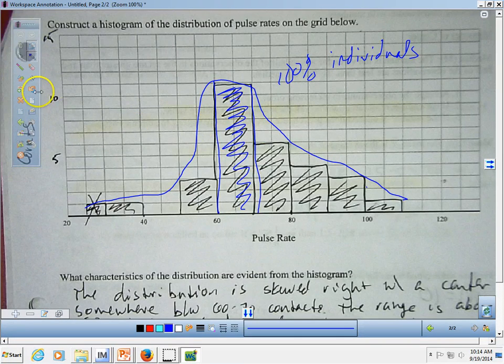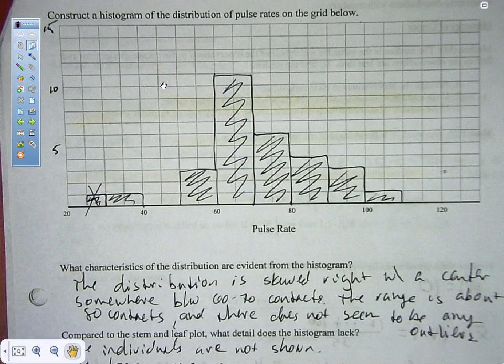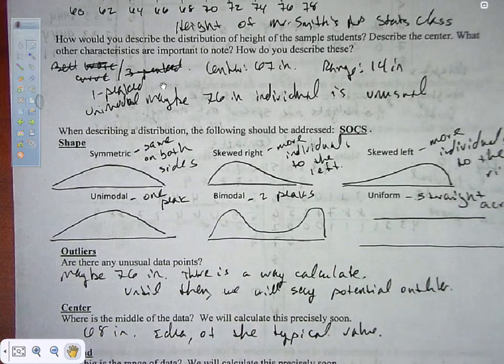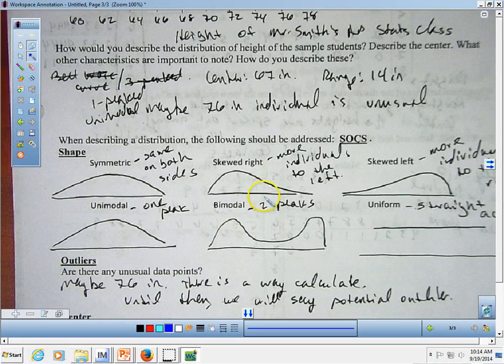Okay, so maybe we'd look at this without the histogram in it. If you reference back to the first page where I started talking to you about shape, these were all density curves. We didn't know that at the time, but these are all density curves: symmetric, skewed right, skewed left. Density curves still show you the same thing that we were talking about before.